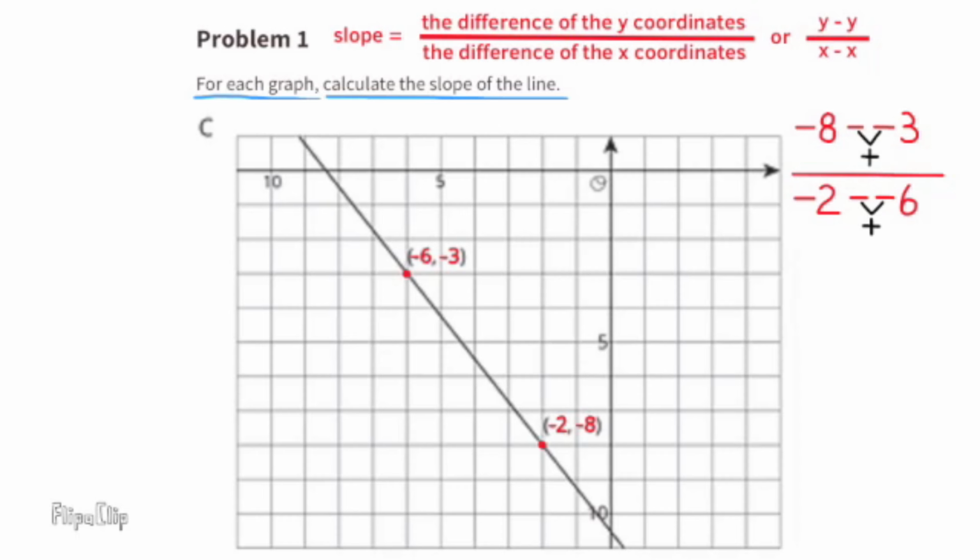Negative 8 minus a negative 3 is the same thing as negative 8 plus 3, or negative 5. Negative 2 minus a negative 6 is the same thing as negative 2 plus 6, or 4. The slope for this line is negative 5 over 4. That means down 5 units and runs to the right 4 units.